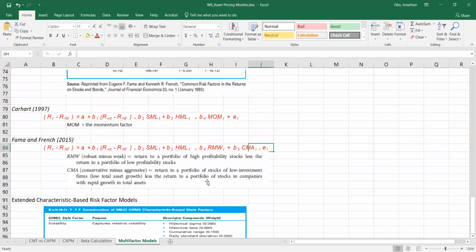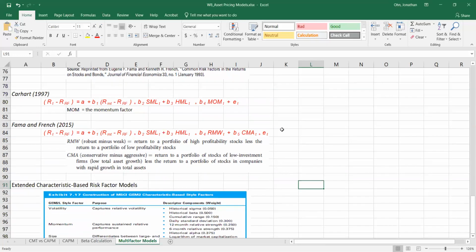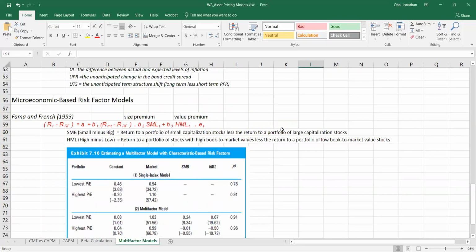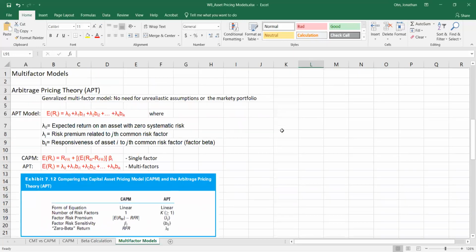But up to now, the 5-factor model is the most popular way, and some authors proposed 7 or 8 factor models too. Okay, so this was all about the multi-factor model, right? Do you have any questions?